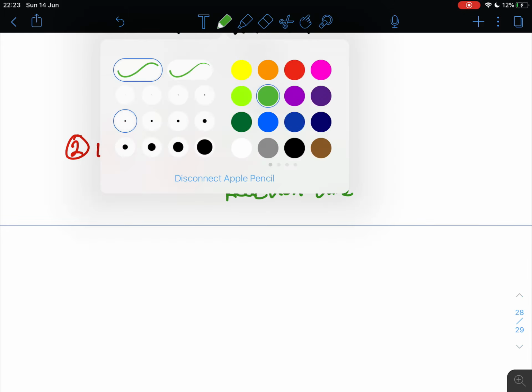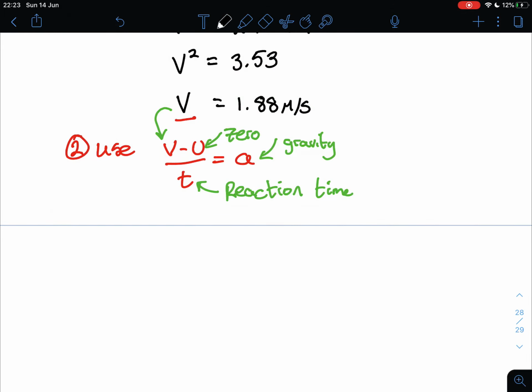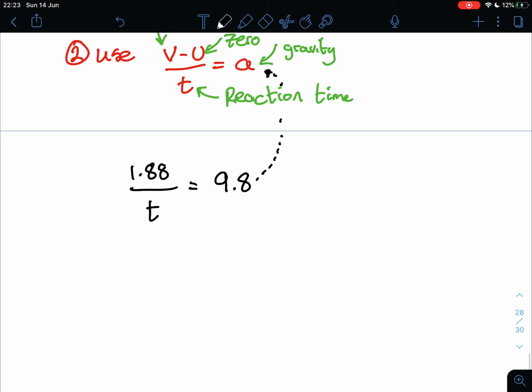So let's plug them in and rearrange. Let's plug in the 1.88. We don't need the minus 0 over t is equal to gravity 9.8. And you're thinking, where does gravity come from? That is the acceleration there, if you're wondering. Let's rearrange it. Maths will tell you to do it the right way, so let's have a look.